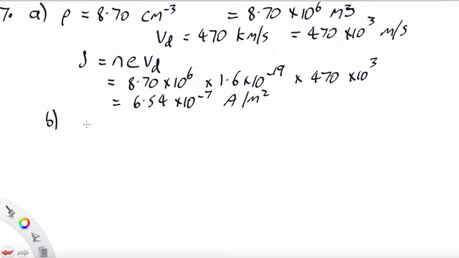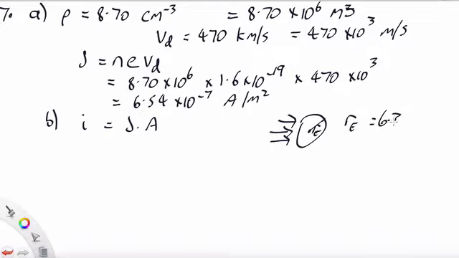And for part B, now the current is just the current density times the area, and the area here is the Earth. So we have the radius of the Earth, which is 6.38 by 10 to the 6 metres. So the area equals pi RE squared.